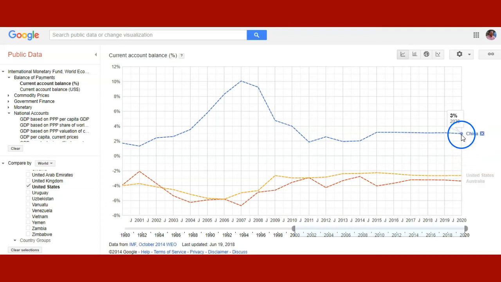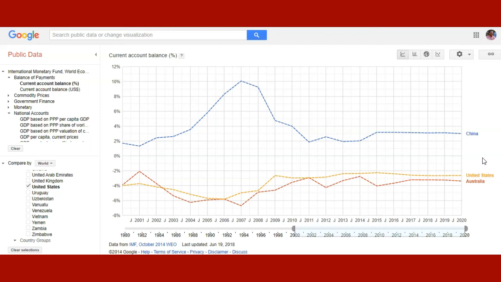Whereas in the case of China, its current account balance is positive and is 3% of GDP, indicating that there is income flowing into China due to trade, income from investment expenditure from overseas, and interest payments on loans that have been made to other countries. So this contributes to China's economic growth. It helps contribute to China's economic growth, possibly why its economic growth rate is higher than Australia's or the United States. So at least a contributing factor. It's not the only explanation.